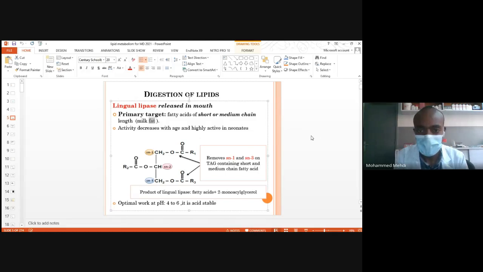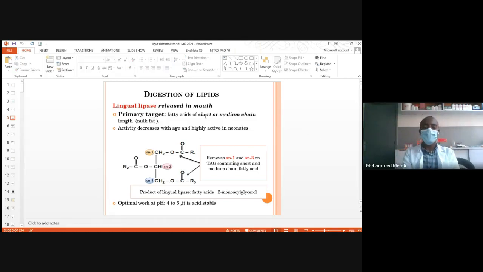Let me ask you one question. How many carbons does a short chain fatty acid have? What is the range of carbon numbers found in short chain fatty acids? Do you remember the carbon numbers found in short chain, medium chain, long chain, and very long chain fatty acids?